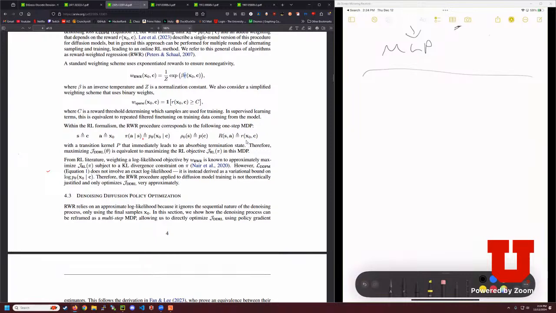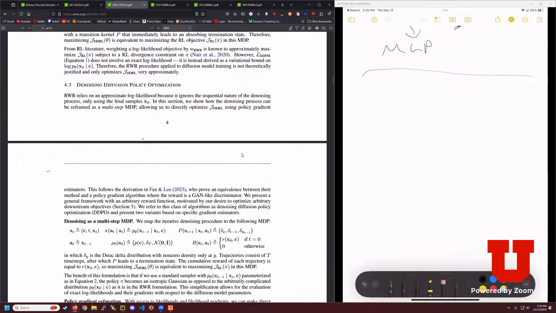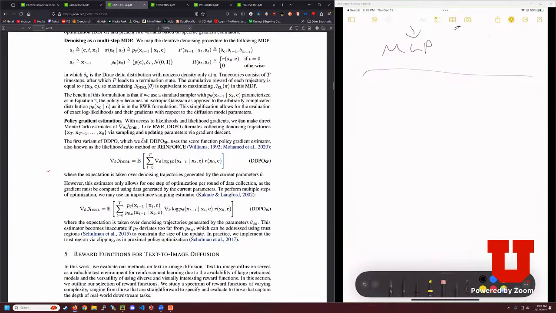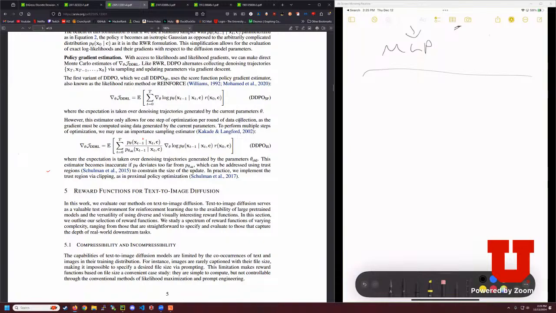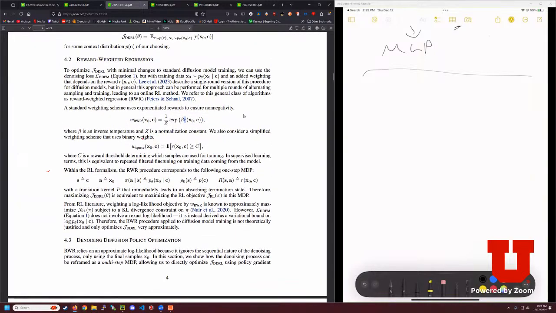So that means R is also computed from some neural network, right? Yes. And the discriminator is trained beforehand or jointly updated during the reinforcement learning? For all of theirs, it's trained beforehand. And they don't do any online training.